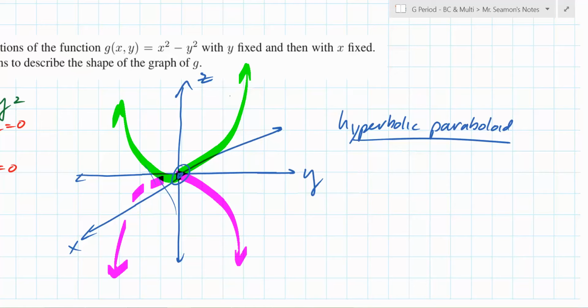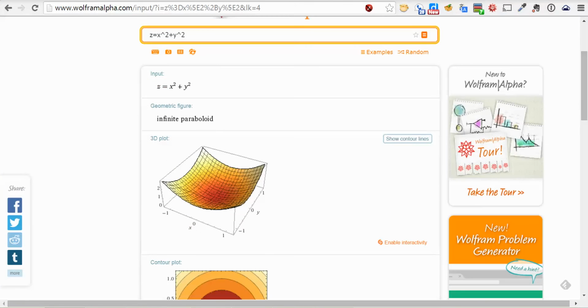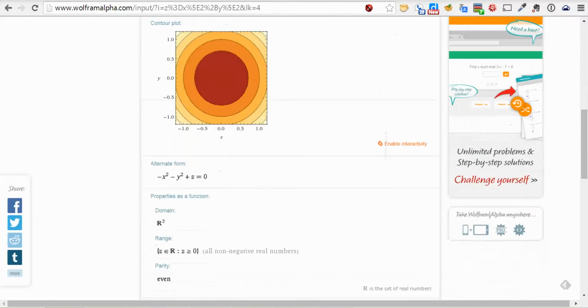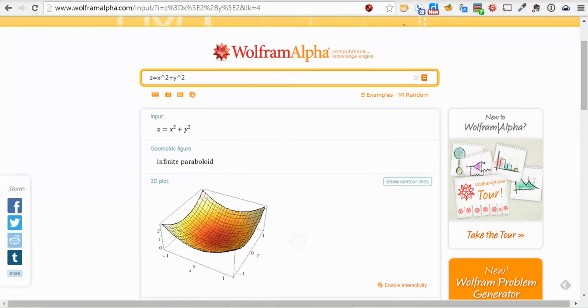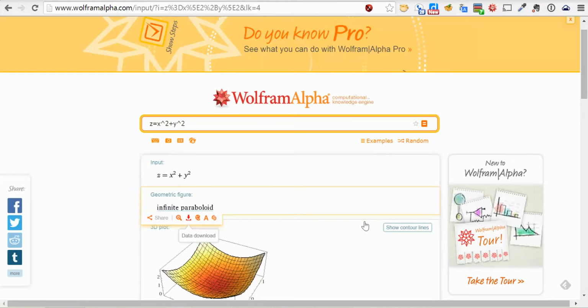Now, what did I say? You're not going to do these by hand, but what can the magic of the internet and the computer do for you? Calculators can, but Wolfram Alpha also does these really nicely. So this is z equals x squared plus y squared. If you pay, I think you can start manipulating this one right here, but it's an infinite paraboloid. Now, what was that one change we wanted to make to this?